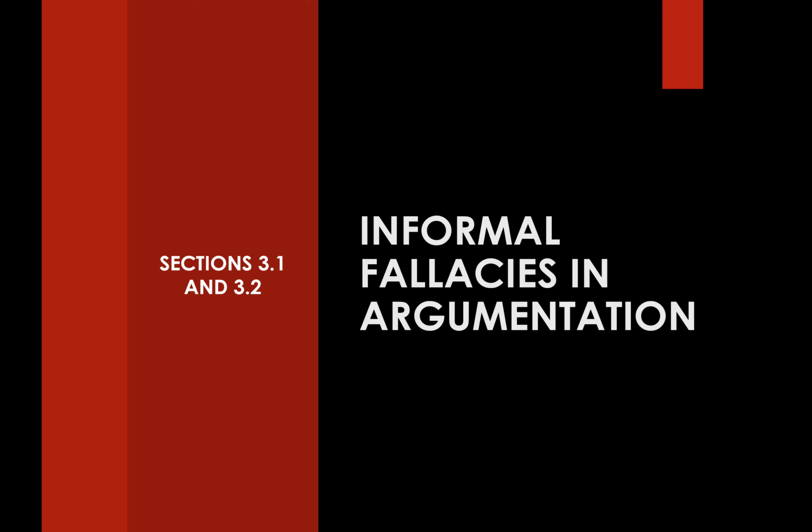And we did all the formal fallacies, like affirming the consequent and denying the antecedent, things that happen in deductive arguments. And then we looked at how you evaluate analogies and necessary and sufficient conditions. So we're on to more commonplace problems in reasoning that occur mostly in inductive arguments.